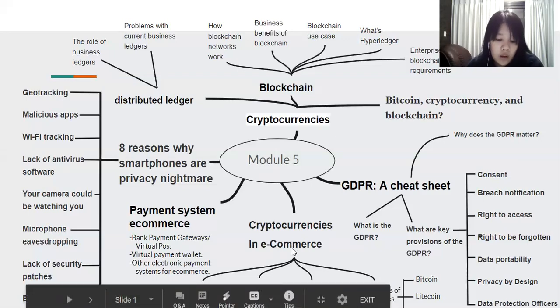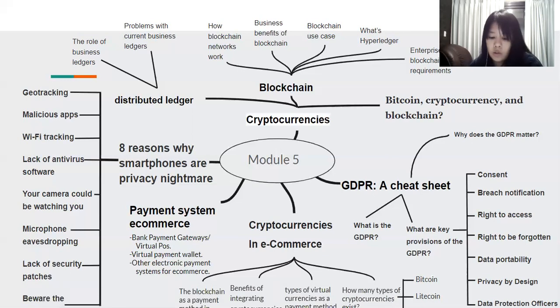The first one, bank payment gateway or virtual POS. Its advantage is that the money is in the bank account when there's a transaction, and it is very convenient at the end of the month for accounting. The cons: it has higher integration costs and heavy activation documentation.